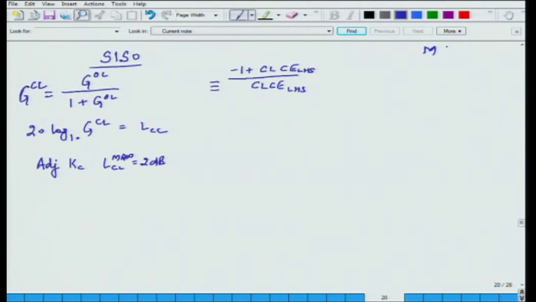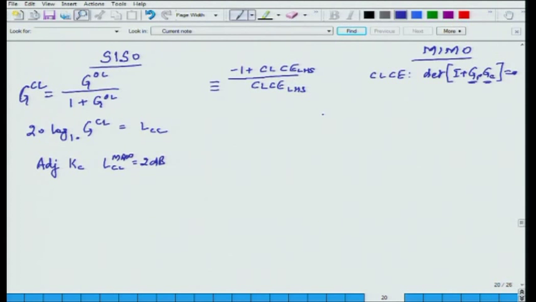Okay. Now, by analogy, for a MIMO or a multivariable system, the closed loop characteristic equation is basically determinant of I plus GPGC equal to 0, right.